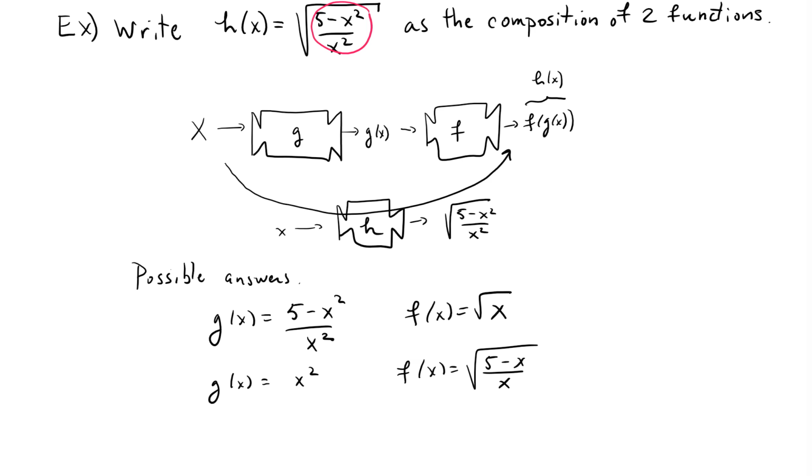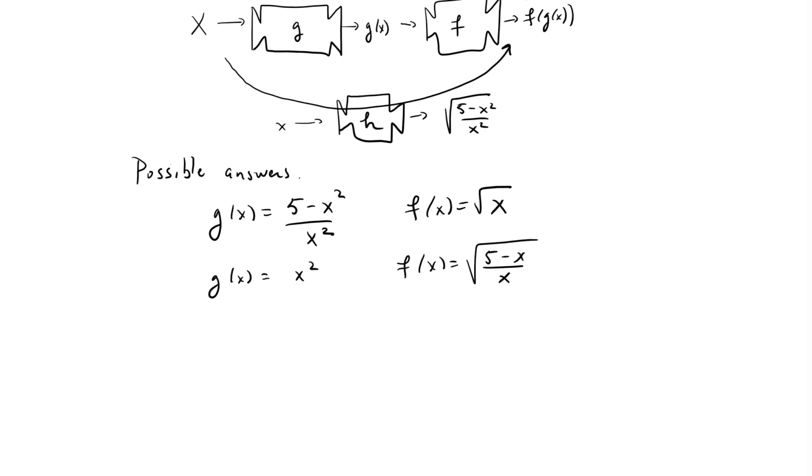There are cases you want to avoid because they're kind of boring. They're not producing anything useful. So one possibility is g of x is x, and then f of x is simply the square root, the exact same thing as h. So this is not being very creative.